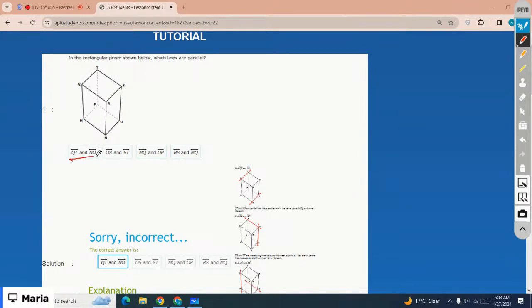The first one is QT and NO. Here is QT and here is NO. They are the parallel lines, right? They never intersect each other. The next one is OS and ST. Where is OS and ST? They are already intersecting at a point. This isn't the correct one, right?